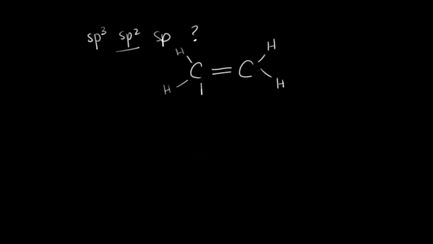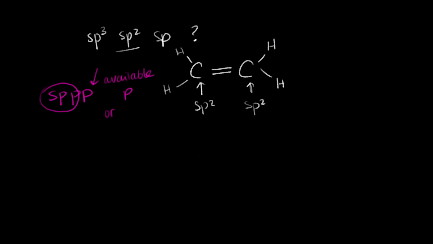The hybridization on both of these carbons is no longer sp3, it's now sp2. And the reason for that is, again, we're always going to have these 4 orbitals, right? The orbitals are still there. If we're hybridizing 1 s and 2 p orbitals, so this is going to be sp2, we have an available p orbital.